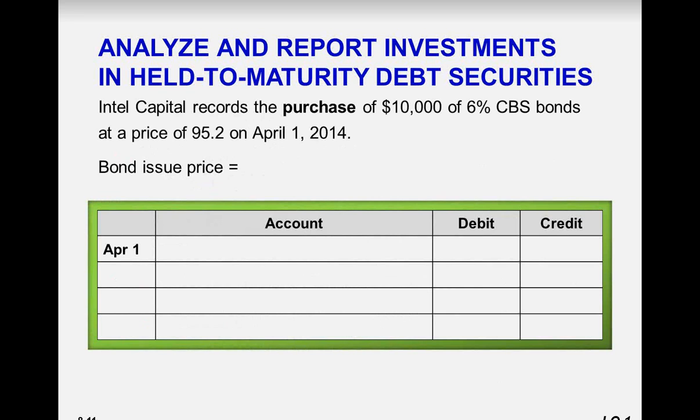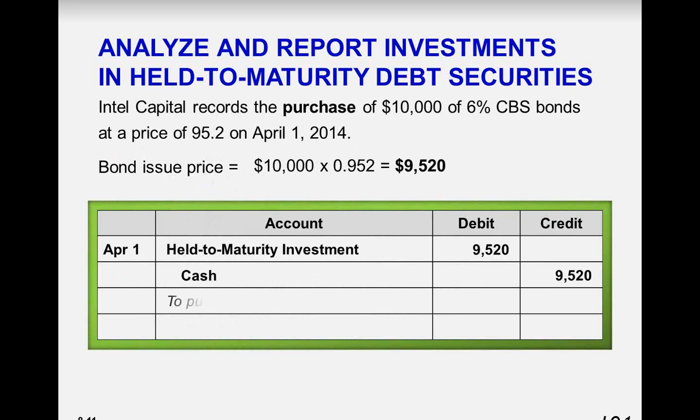The first calculation is the bond issue price. We would have had 10,000 at a price of 95.2. So 10,000 times 0.952 is 9,520 as our held to maturity investment, and we would pay cash for that amount.